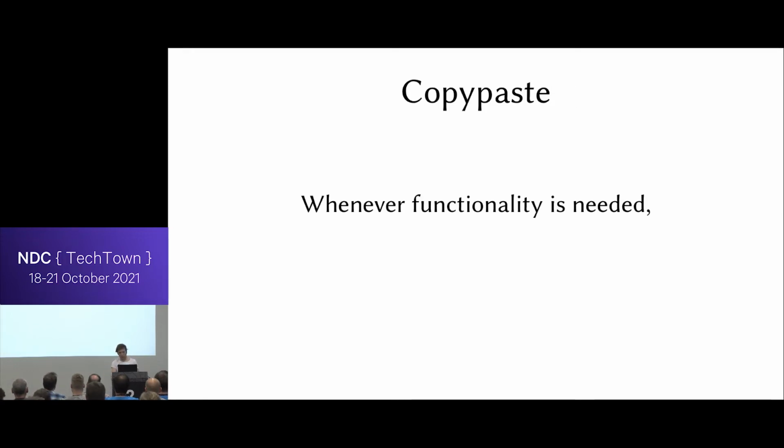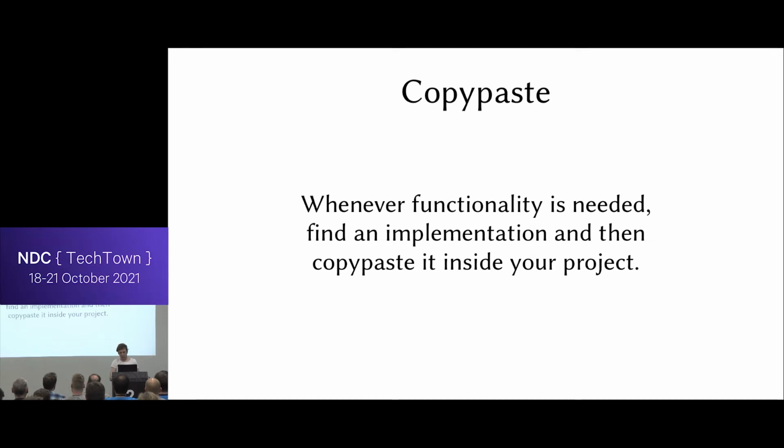Then there's the copy-paste option. Whenever you need some sort of functionality, you find an implementation of that, and then you copy-paste it inside of your own project. There was a bit of research done some years ago, I think, where they tried to see how many different implementations of something like SHA-1 exist in the world, because using OpenSSL is difficult, so they just copy the thing from there.